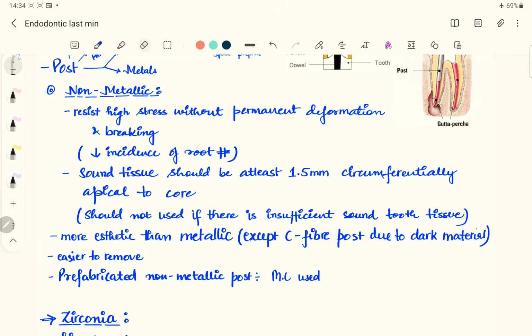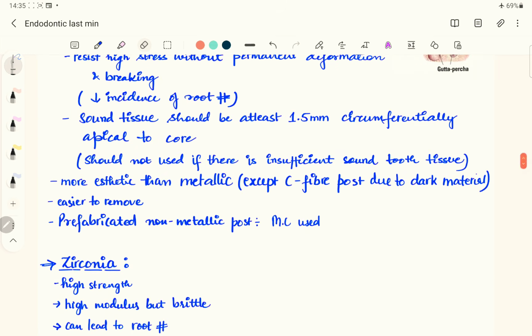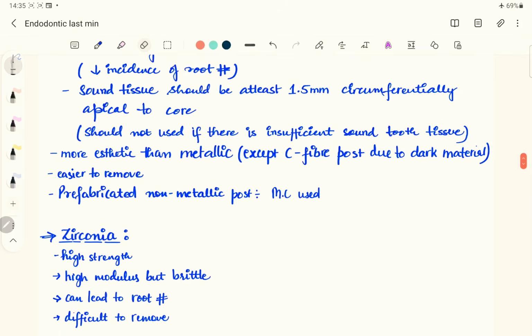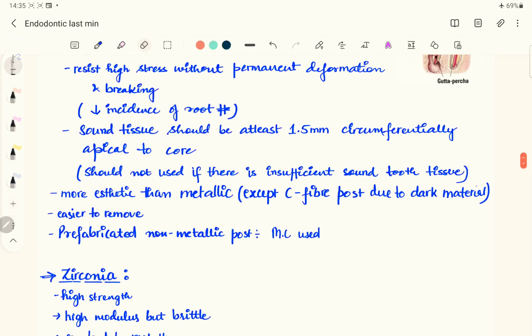Talking about the non-metallic again, they're easier to remove and they are prefabricated, so it's easy to use them. They come in different sizes based on the canal, and we have to try and fit to see which size fits in the canal. So the most commonly used are the prefabricated non-metallic posts.